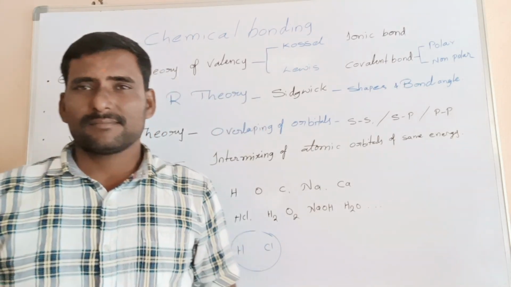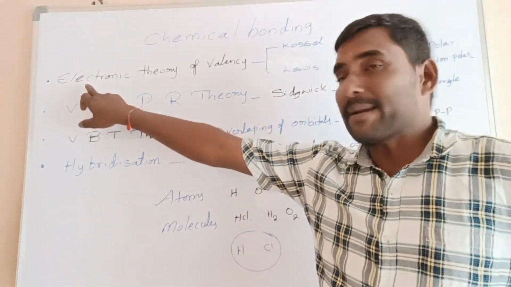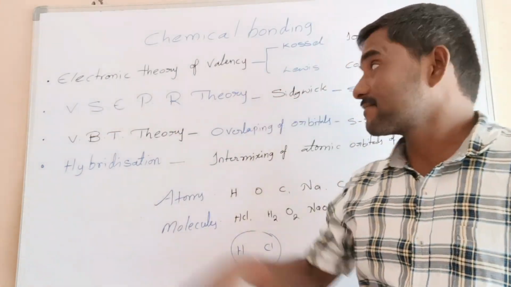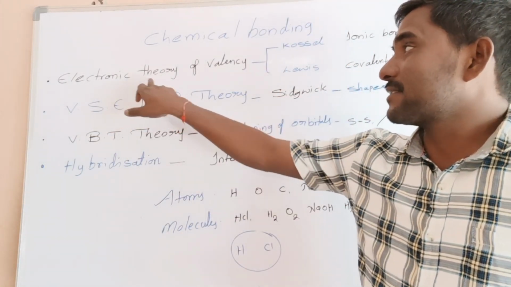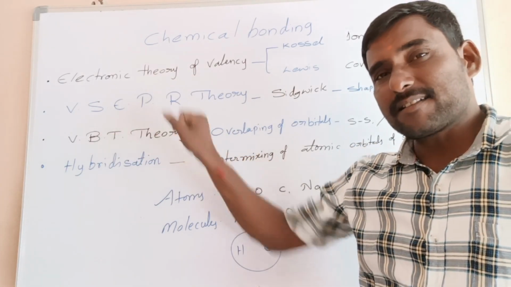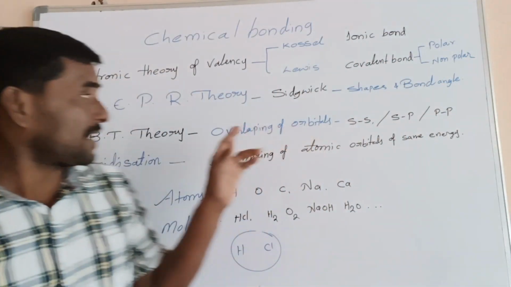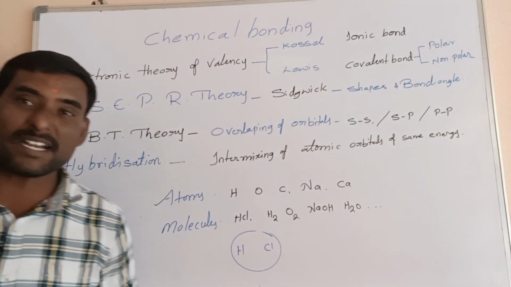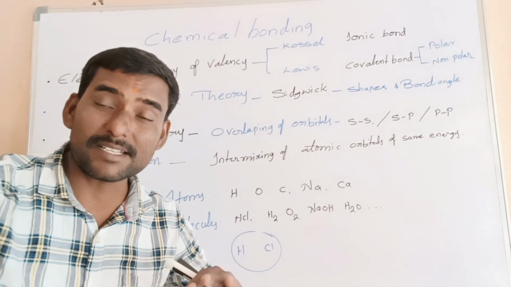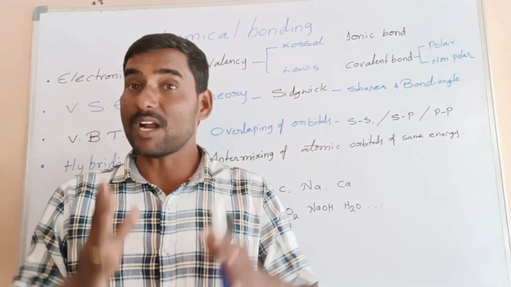Now, the topics: mainly chemical bonding is explained by four theories. Electronic theory of valency, VSEPR theory, VBT theory, and then hybridization theory. These theories explain the structures of the molecules and bond angles.